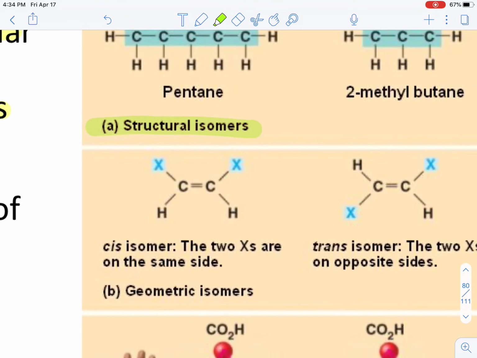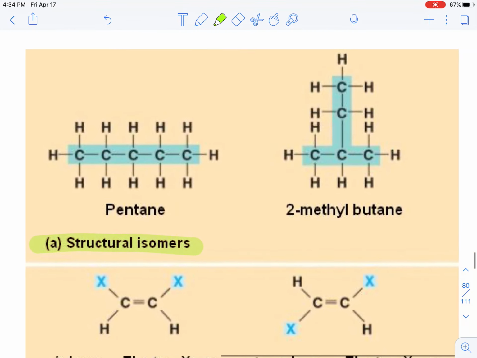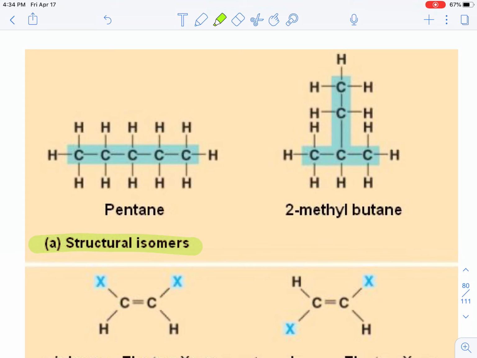Let me zoom in here. If you are looking at structural isomers, you'll notice that their actual structure, the way that those carbons are bonded with respect to each other, is different. However, if we count the number of carbons and the number of hydrogens and the chemical formula is the same, then they are structural isomers of each other.